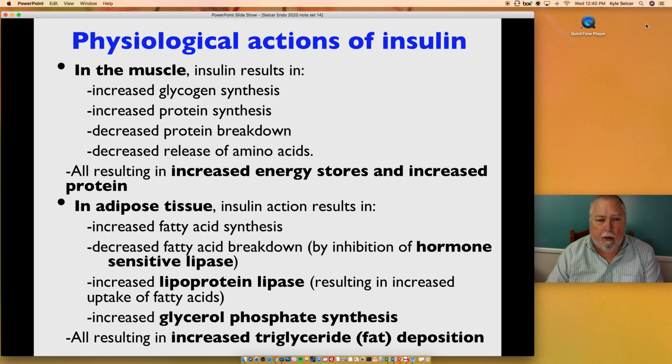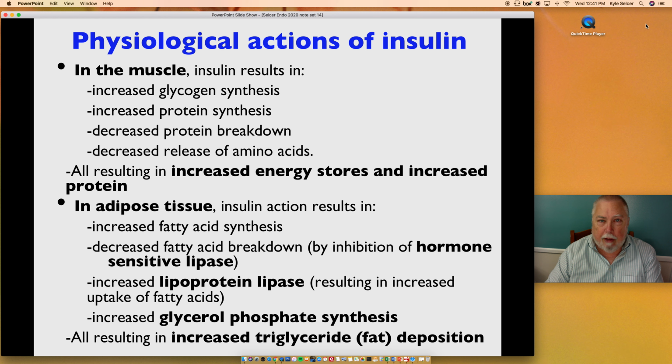In adipose tissue, insulin results in increased fatty acid synthesis. So you have fatty acids used to put fat away. Decreased fatty acid breakdown by inhibition of the thing that breaks down fat, called hormone-sensitive lipase, and insulin can shut that off. And increased lipoprotein lipase.